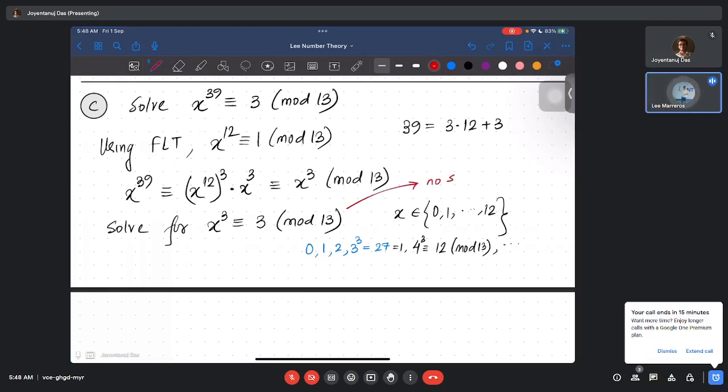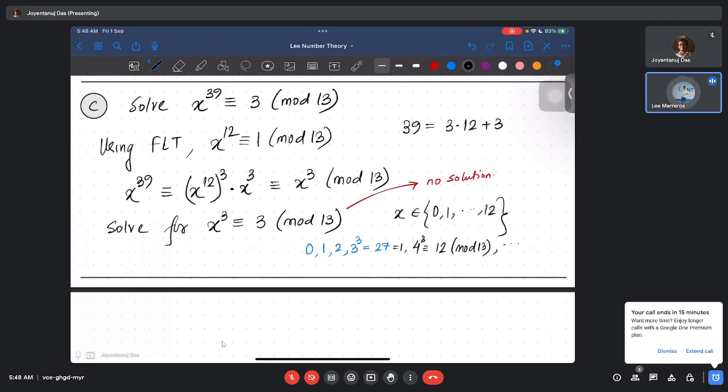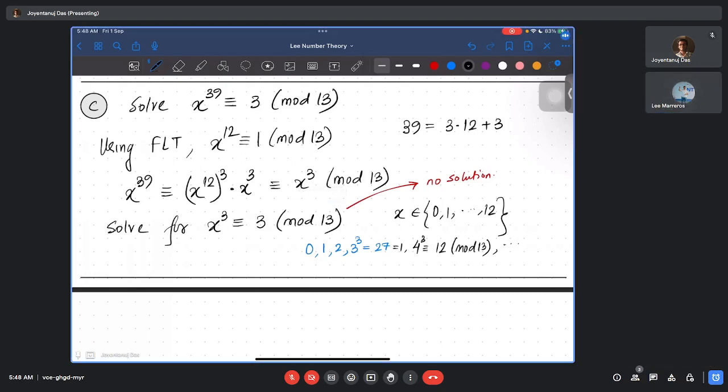And you cannot know that in advance. Yes, I'm saying you cannot know that in advance. This is not very much calculation, because there are only 12 numbers, out of which 0, 1, 2, 3 will not work.